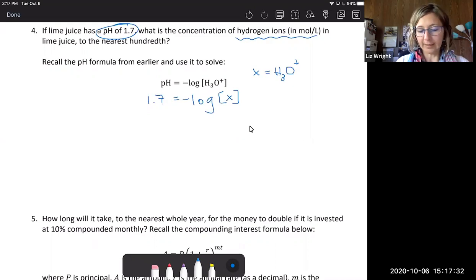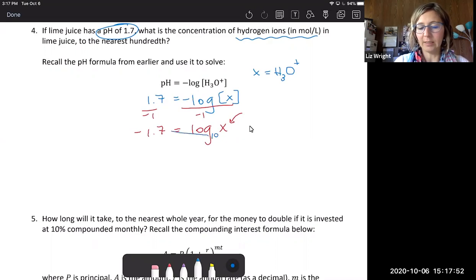So first thing, let's get rid of that negative. We're going to divide both sides by negative 1. So then we're going to have negative 1.7 equals log of X. Again, we're looking for the argument. When we're looking for the argument, what's our process? We convert.